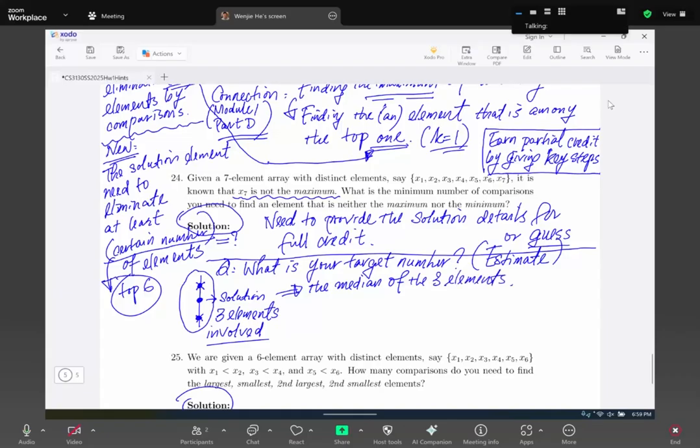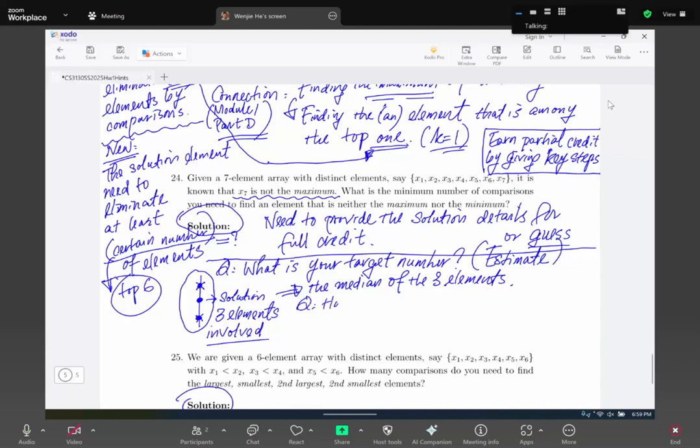The question: given three elements, how many comparisons do you need to find the median?